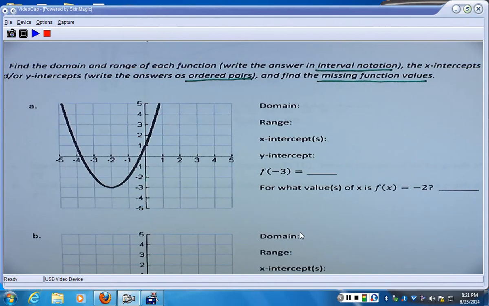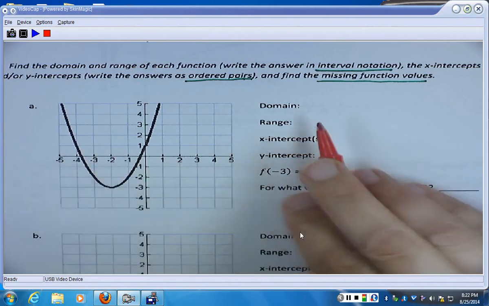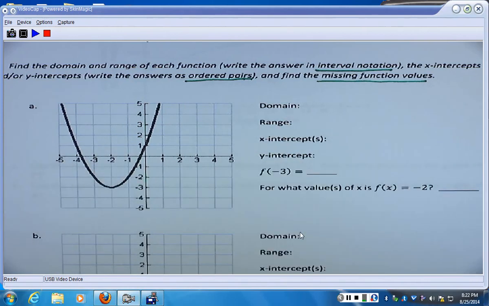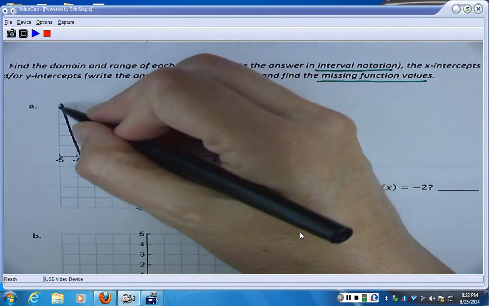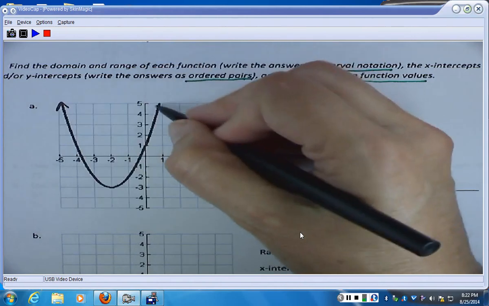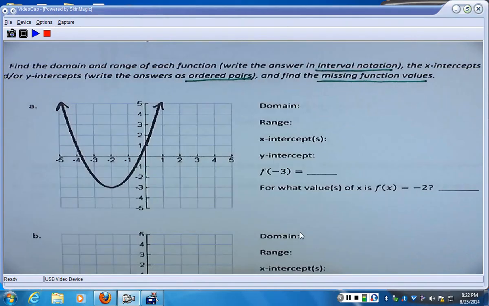To find the domain and range of each function. I already read that. Okay. So, domain. Now remember, if you got a figure and it stops and doesn't have a closed circle, it means it keeps going. Okay. So there should be arrows here.